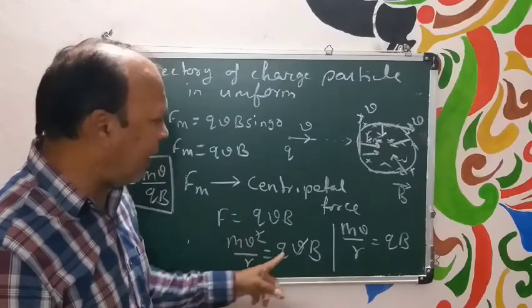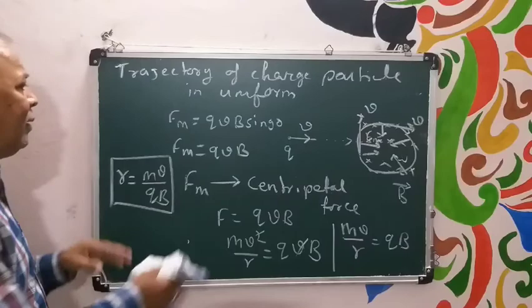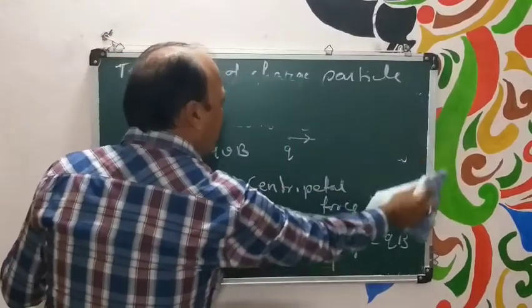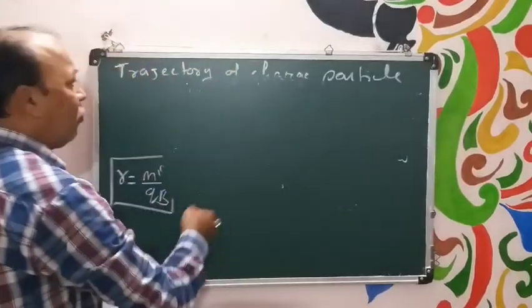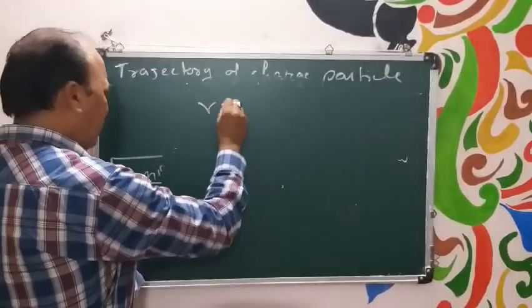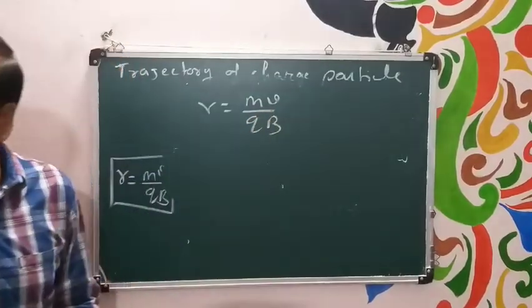So mv square by r should be equal to QVB. In this way we can find the radius of this circular track. So r should be equal to mv upon qB. Other parameters may also be determined. Is that clear?